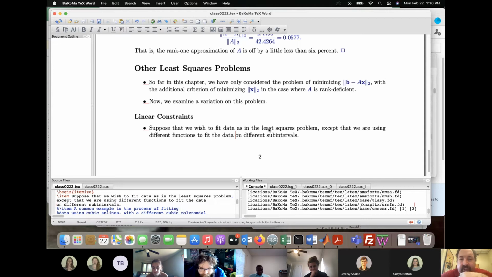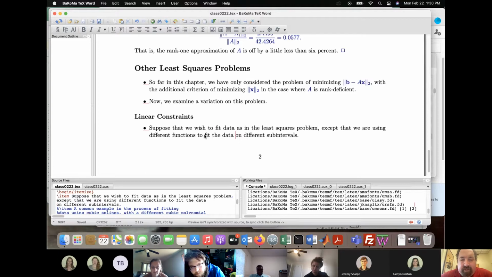Now, a least squares problem is good for fitting data. Like if you have certain points in the plane and you want to match them with certain functions, like polynomials, you can use a least squares problem for that data fitting problem. A simple case is finding the line that best fits some data, so you take a linear combination of a constant function and a linear function to do that.